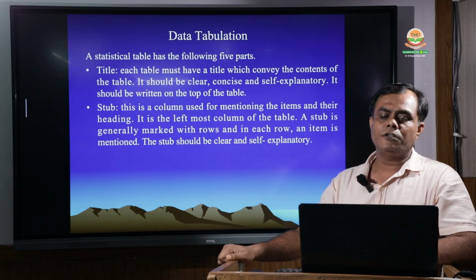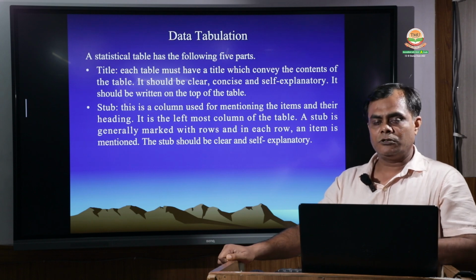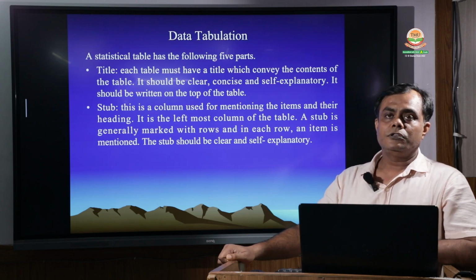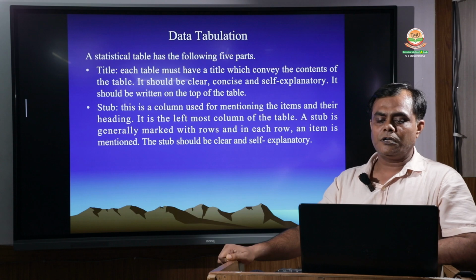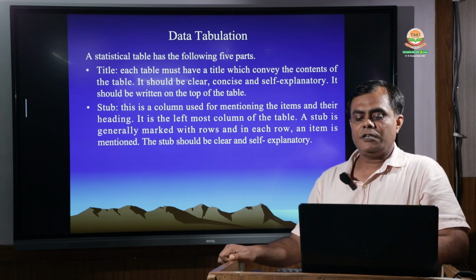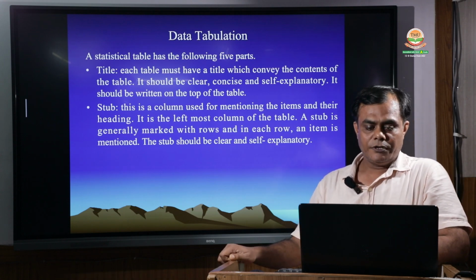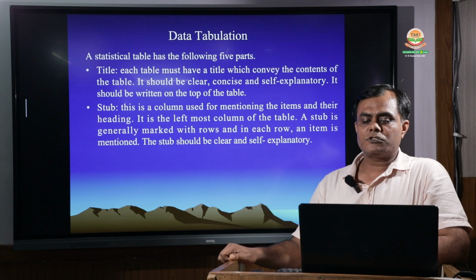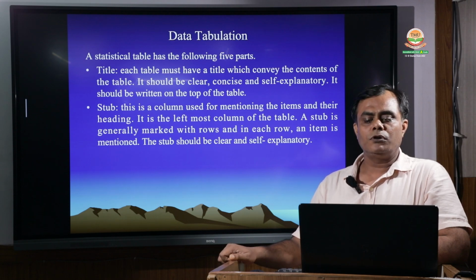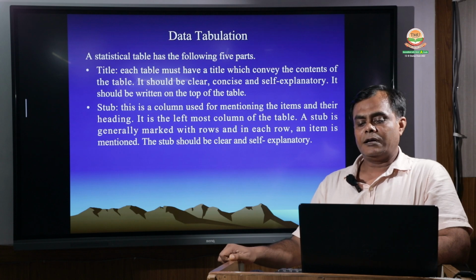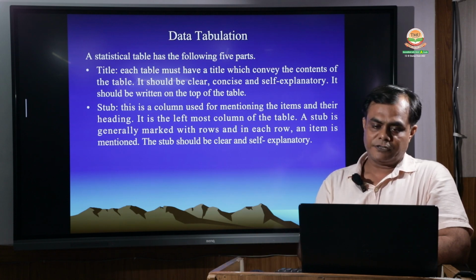It should be written on the top of the table as I already told you. The second part is the stub. This is the column used for mentioning the items and their headings. It is the leftmost column of the table, and the stub is generally marked with rows, and in each row an item is mentioned. The stub should be clear and self-explanatory.